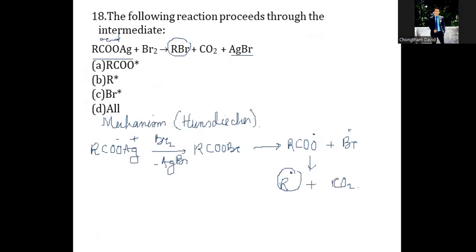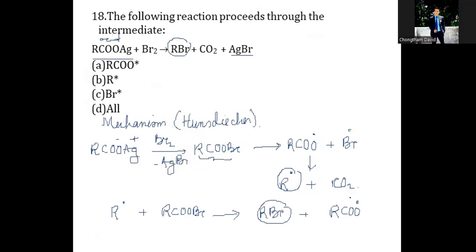Now this alkyl free radical will further react with this product, acyl hypobromite, and forms haloalkane and another free radical.